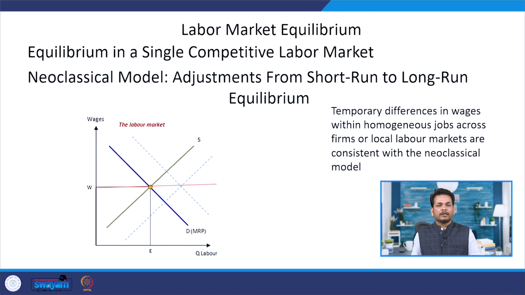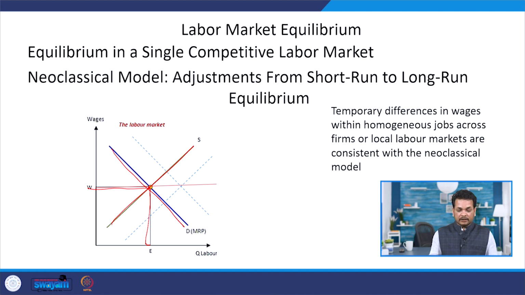Now, the neoclassical model says there could be some temporary differences in wages within homogeneous jobs across the farms or within local labor markets, but in the long run they will tend to adjust towards the common wage rate. There will be a long run adjustment. Now, the economy is at equilibrium with wage rate W and employment level E, with this demand function and this supply function.